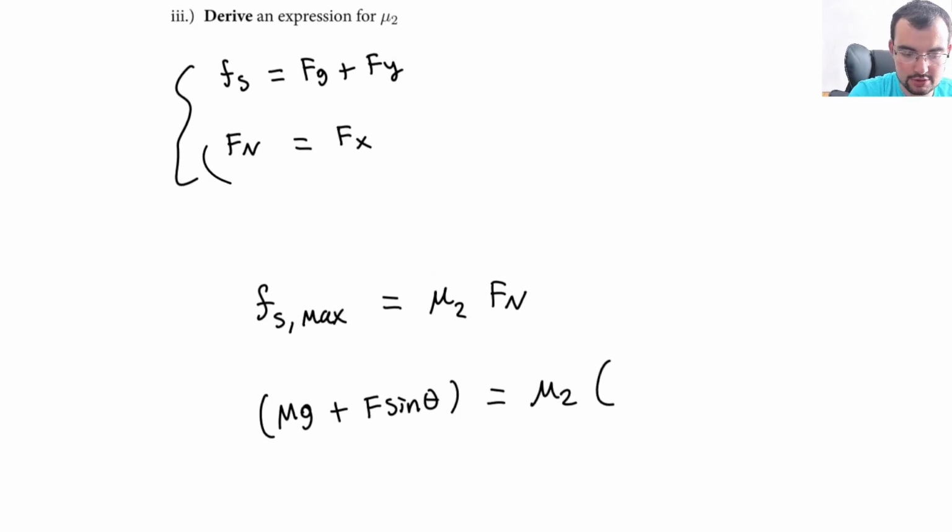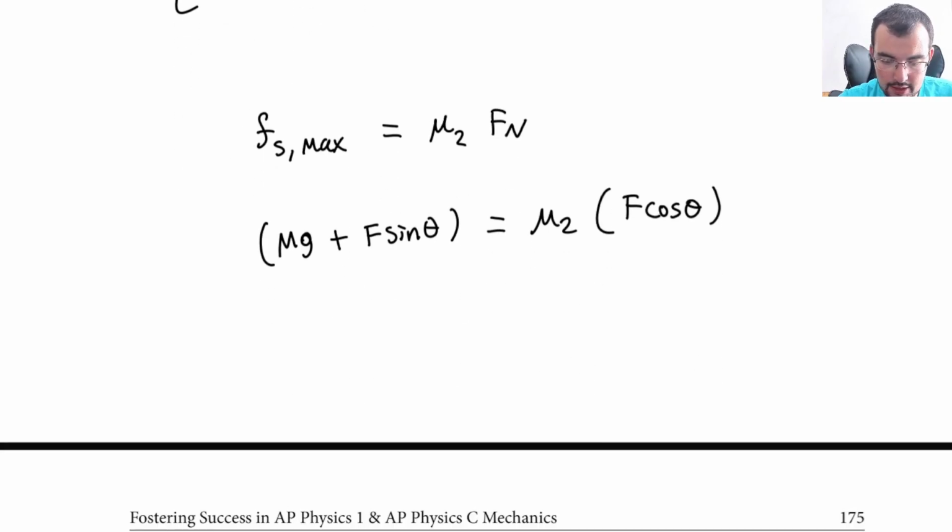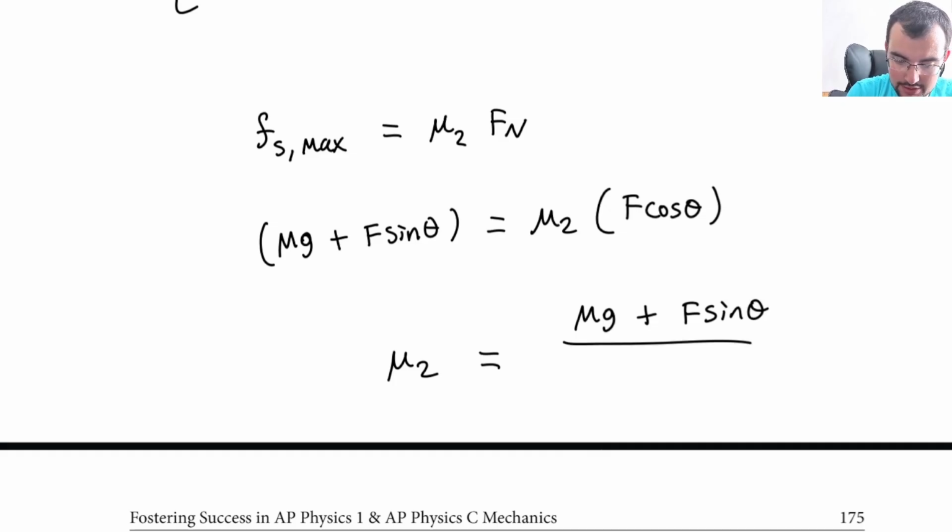Well, the normal force is just balanced by the into-the-wall push, which we said was F cos theta. So this means that mu2 is equal to mg plus F sine theta divided by F cos theta.